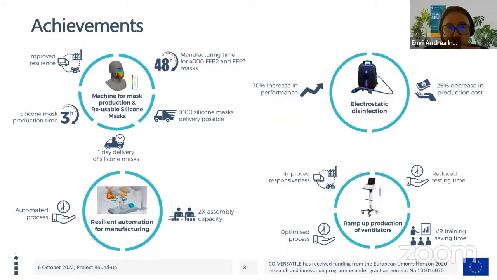So what was the achievement of the project? At the end of the project, a machine was developed for mass production, which was producing reusable silicone masks. The production time was really shortened, and a new type of equipment is available in case a crisis needs it again.